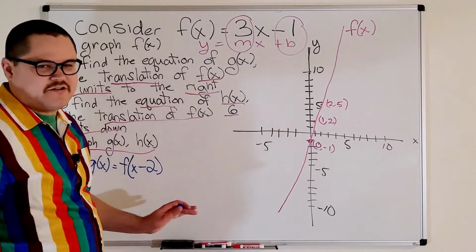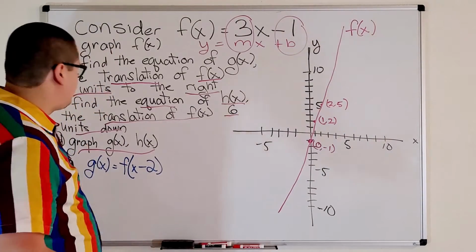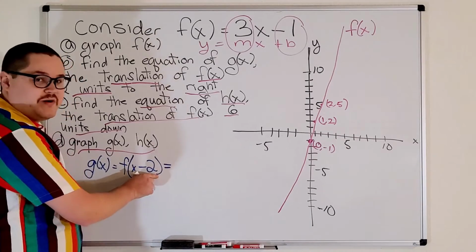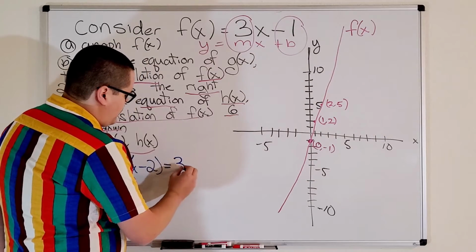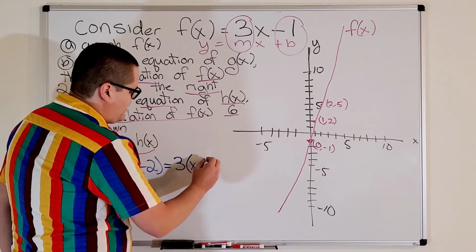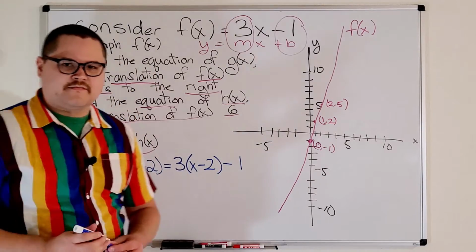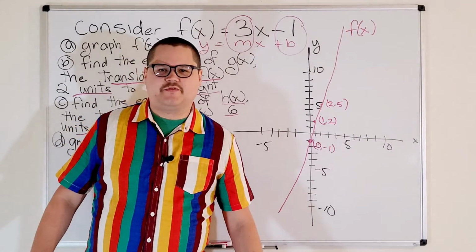Remember, this is a little counterintuitive. We subtract if we want to go right. Okay, so we plug x minus 2 into f in place of x. We get 3 times the quantity x minus 2 minus 1. Any questions? Good, then let us proceed.